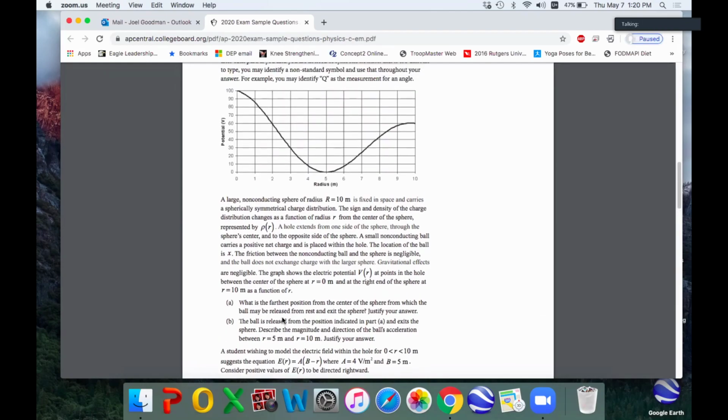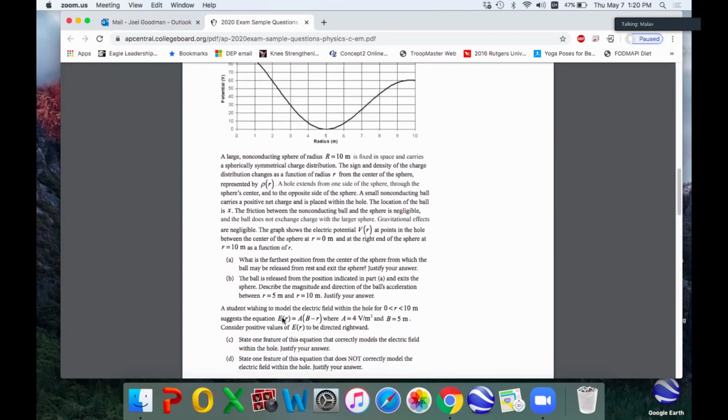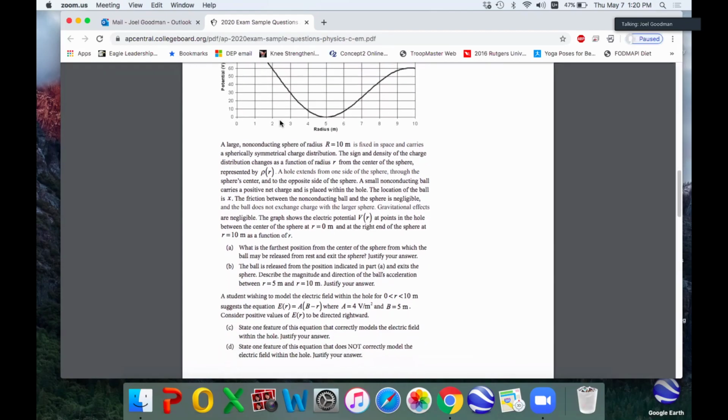Okay. What about the fact that that function is linear and the voltage graph isn't? The derivative of that graph can't be linear. Yeah, I'll agree with that.